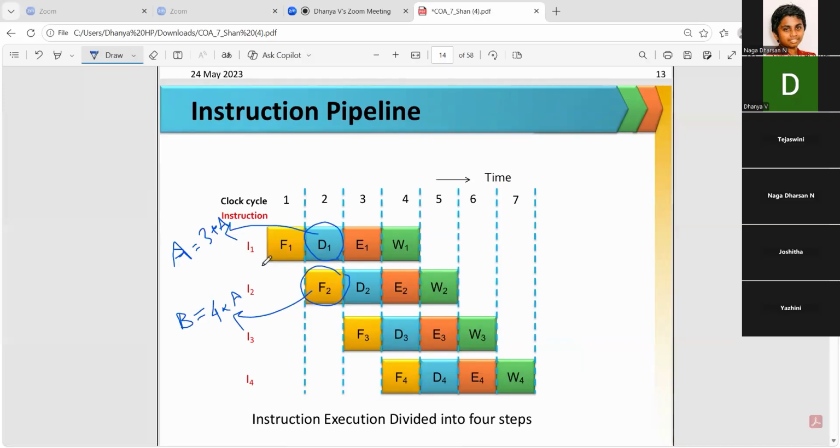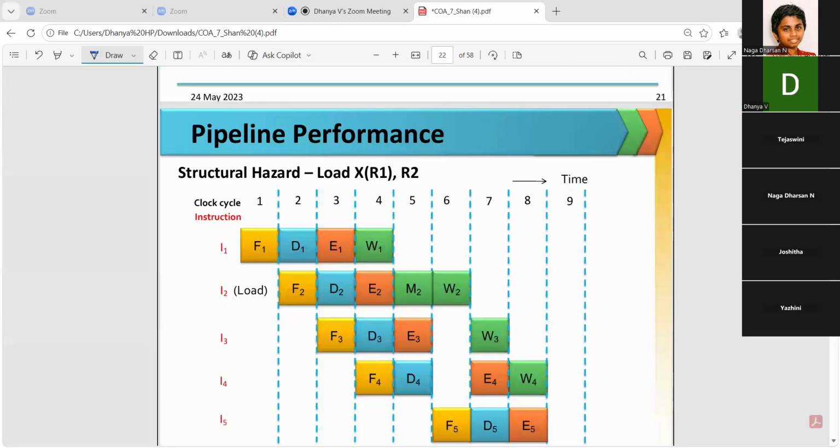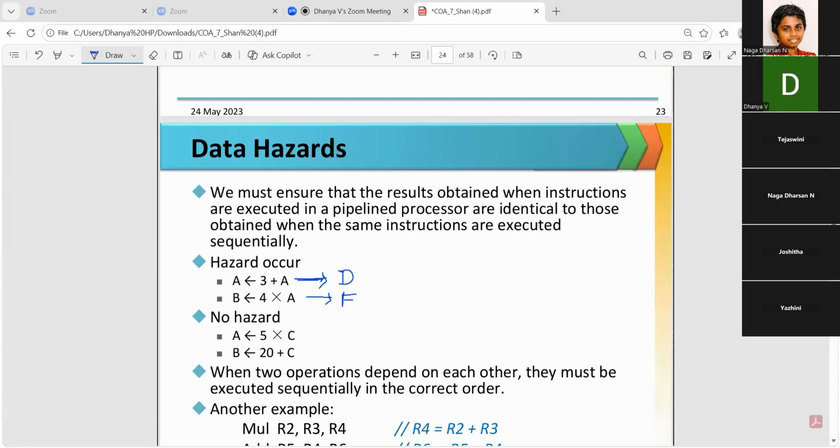Our A sometimes need not be the updated one. Let's say A is 5 initially. After this it should become 8, so we need the 8 value and B to be 32. But if A is not updated by some chance and doesn't become 8, we'll have the initial value of A, so 4 into 5, 20, as the answer. So some data inconsistency might occur. This is one example of a data hazard.